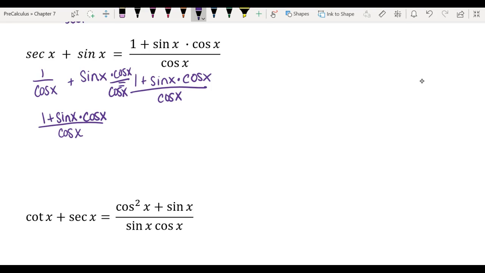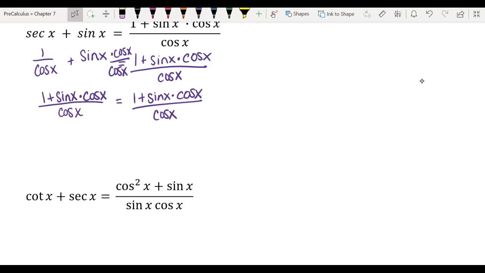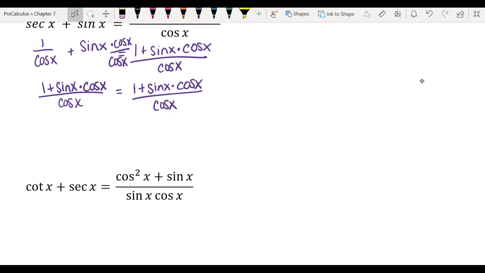The bottom stays the same, you just add the tops. And that's what we wanted, correct? What if to the right it was cosine times sine plus cosine? Then you'd write this down, and then you'd flip it.